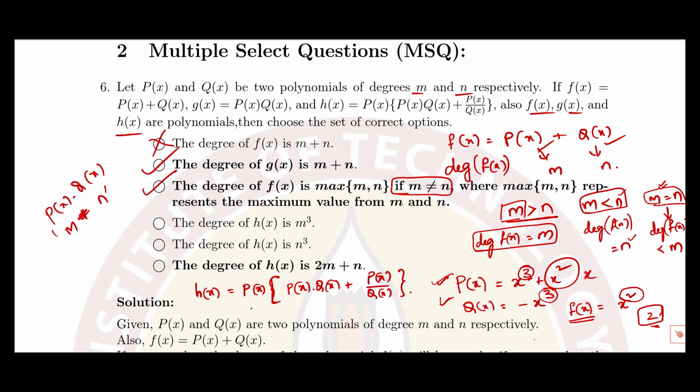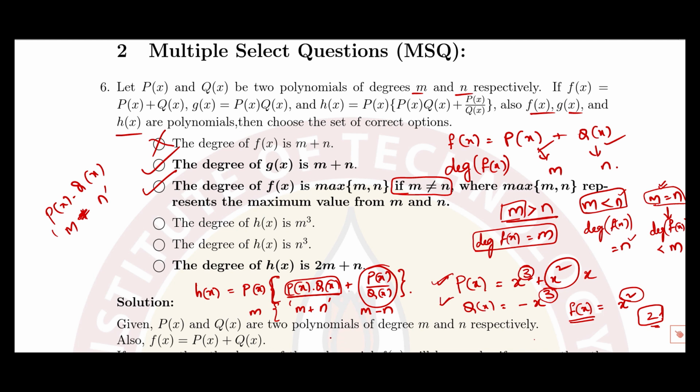The degree of p of x is m and the degree of q of x is n. As this is the product of two polynomials, the degree will be added. So the degree of p of x times q of x will be m plus n. Now the degree of p of x divided by q of x will be degree of p of x minus degree of q of x, which will be m minus n.